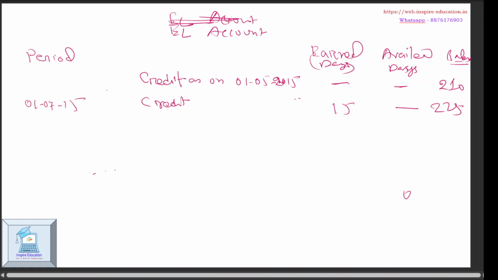Then on 16/8/2015 he has taken earned leave up to 31/8/15. It is 16 days, so 16 days will be deducted from 225, it will be 209 days.